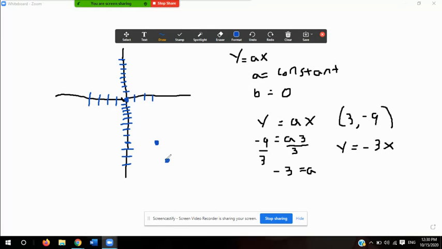And since this is a direct variation equation, that means it has to pass through the origin. So let me change the color one more time. So here's my origin, 0, 0, because the y-intercept is 0. So I connect the points as best as I can. And this would be my graph. And notice that because a is negative, once again the graph appears to be going down a staircase, and this would be the rest of the graph.